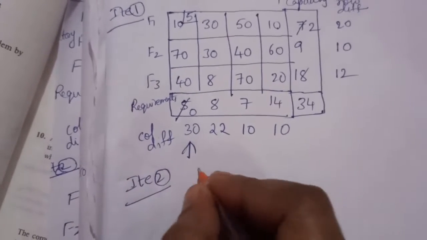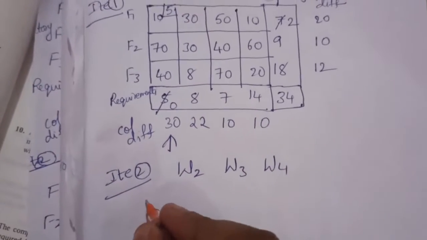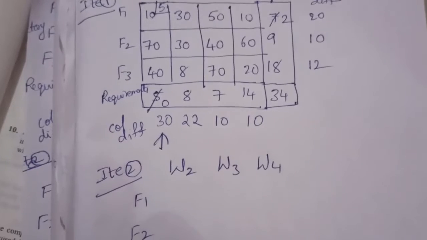For iteration 2 we have W2, W3, W4 and F1, F2, F3.